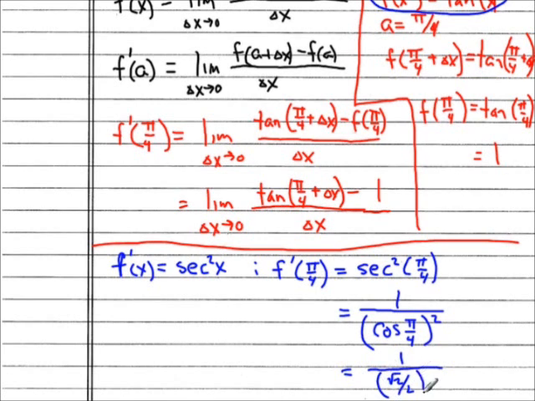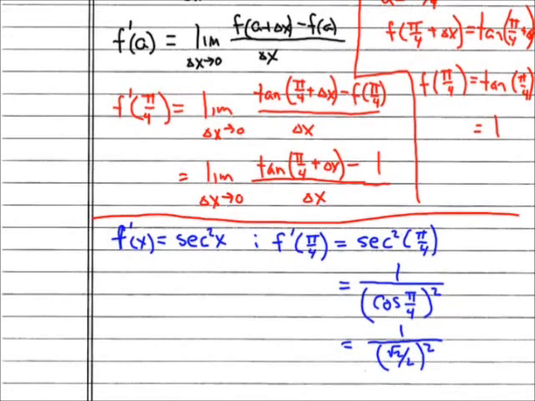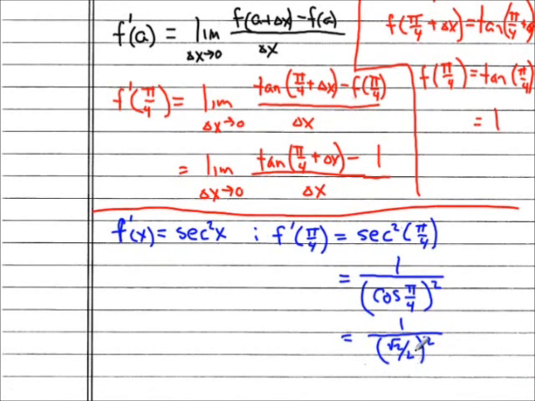And so we have 1 over the square root of 2 over 2 being squared. Well, the square root of 2 over 2 being squared would mean we would square the numerator, which would give us 2, and square the denominator, which would give us 4. And so this is 1 divided by 1/2. But 1 divided by 1/2 is 1 times the reciprocal of 1/2, or in fact 2.